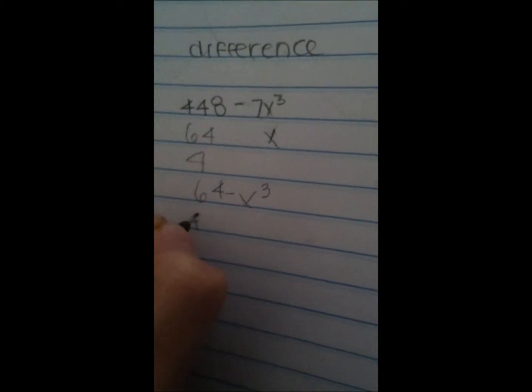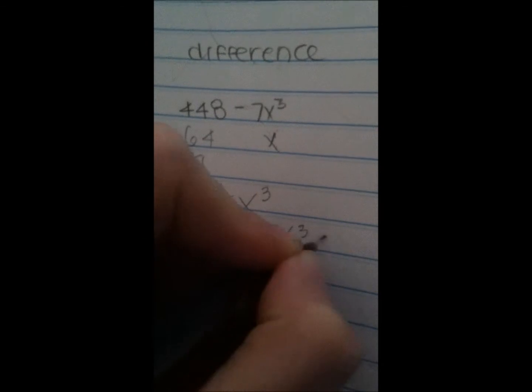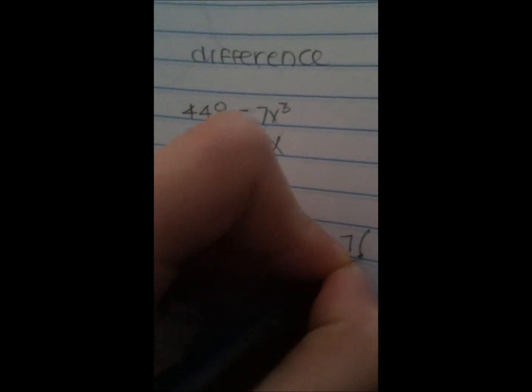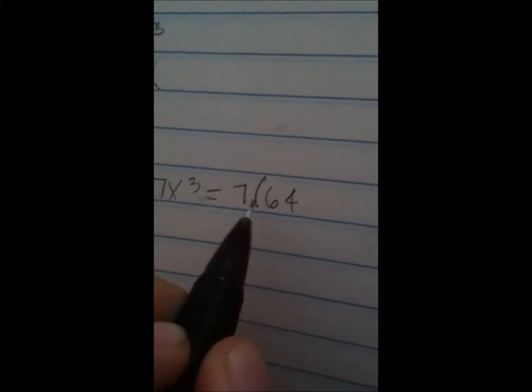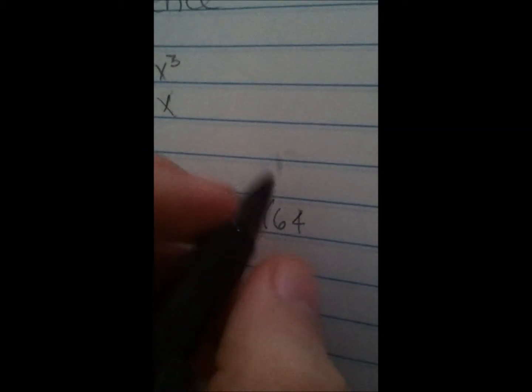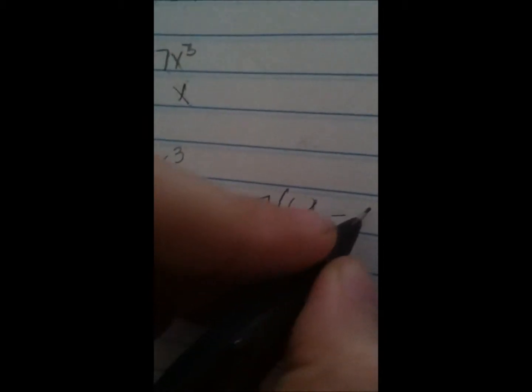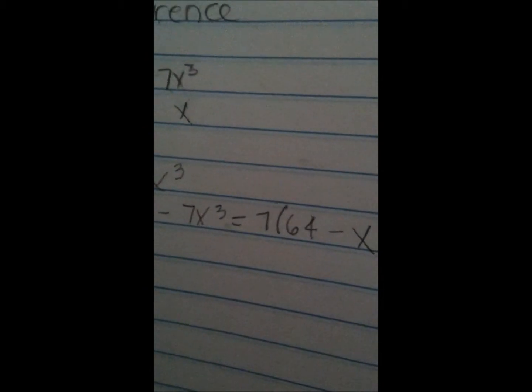And now 448 minus 7x cubed equals 7 times 64 minus x cubed, because 7 times 64 is 448. So, that's how I do that.